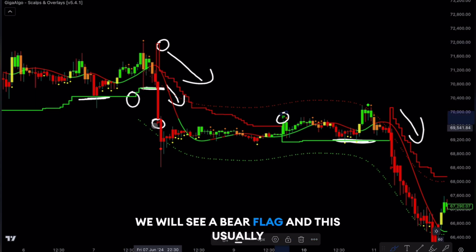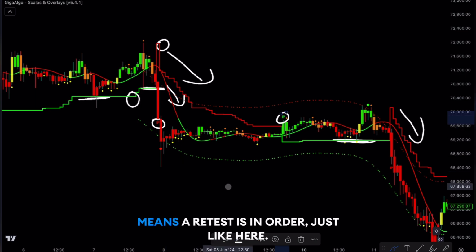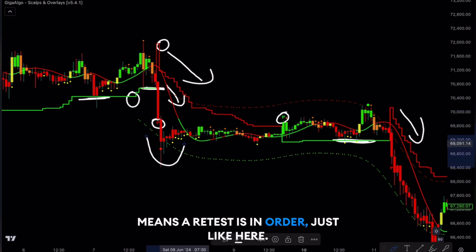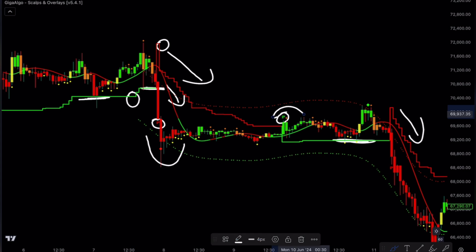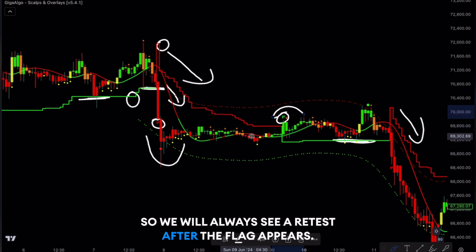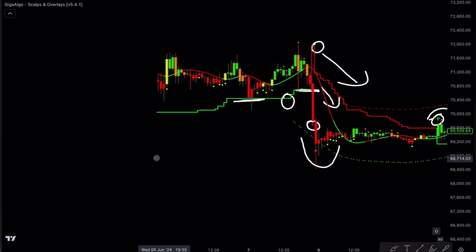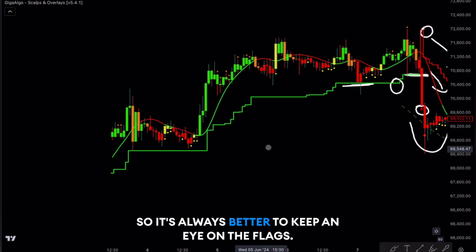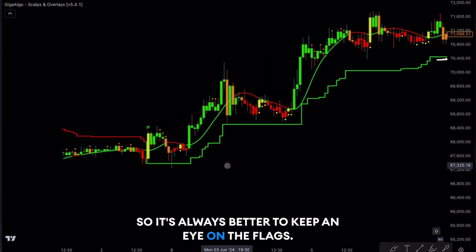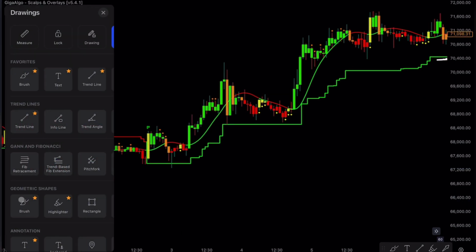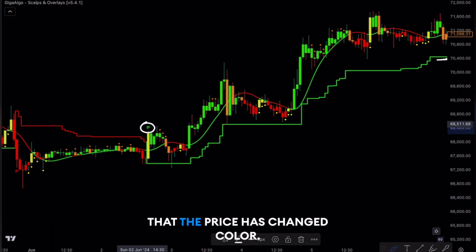There we will see a bear flag, and this usually means a retest is in order, just like here. So we will always see a retest after the flag appears. So it's always better to keep an eye on the flags. So this is a clear indication that the trend has changed color.